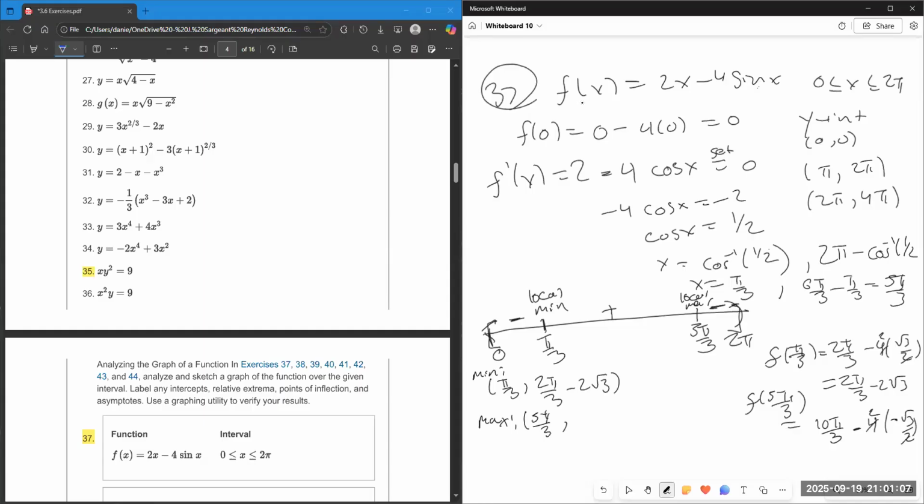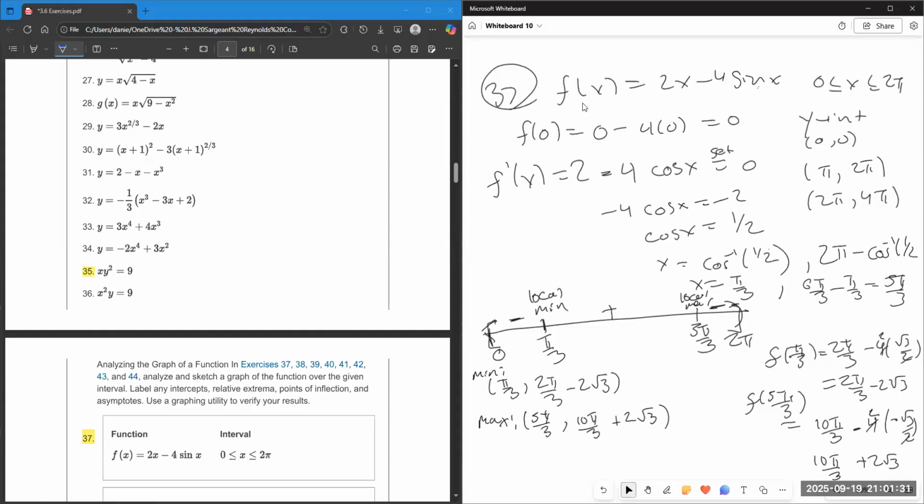It's 2 and 2. Negative times a negative is a positive. This is 10 pi over 3 plus 2 root 3 for my local max. And I'll probably have to do some decimal approximations for that to be able to draw the sketch.